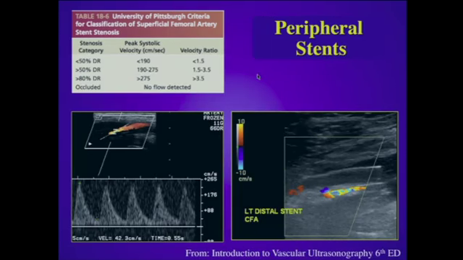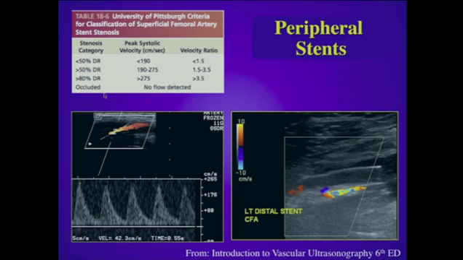Finally, there are also criteria proposed for the evaluation of peripheral stents. For a stenosis associated with a stent greater than 50% diameter reduction, it has been suggested that the peak systolic velocity ranges from 190 to 275 centimeters per second, with a velocity ratio between 1.5 and 3.5.